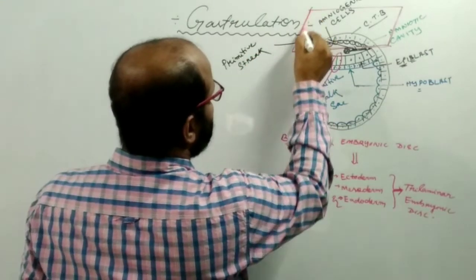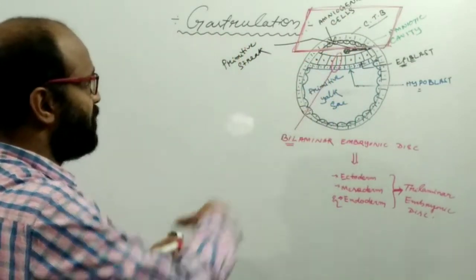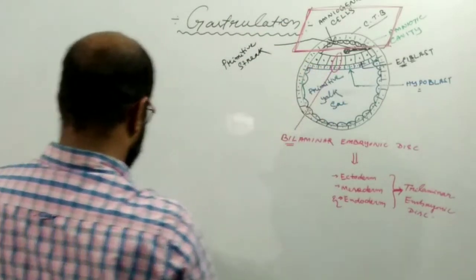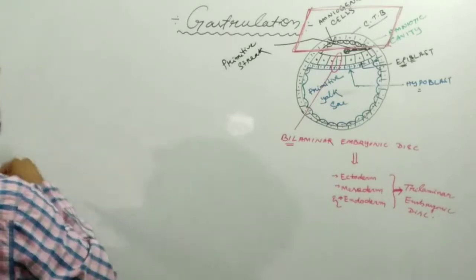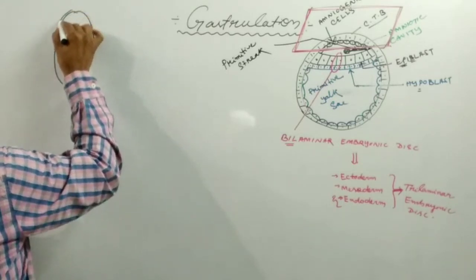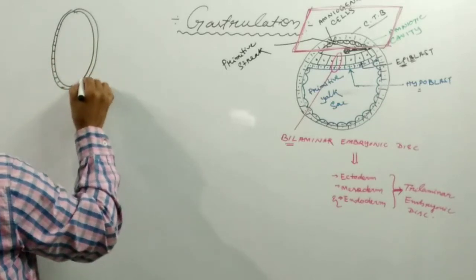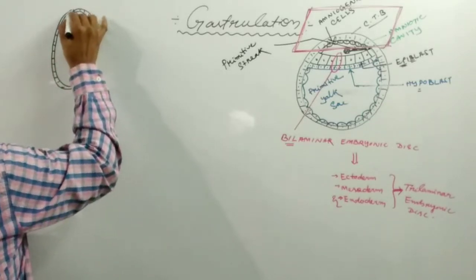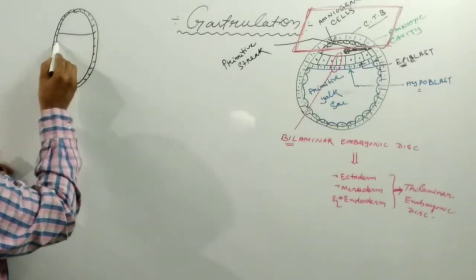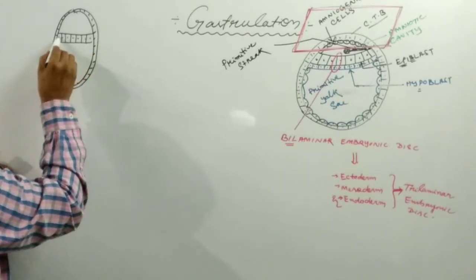So if you take a section in this manner and observe on top, what happened? Before going through this, I am making a very simple picture. Suppose that this is the implanted embryoblast, and this is the bilaminar disc.